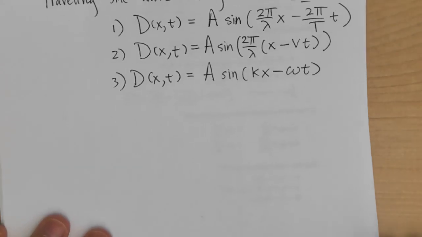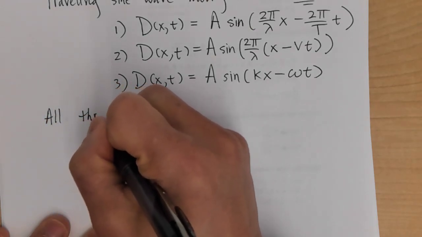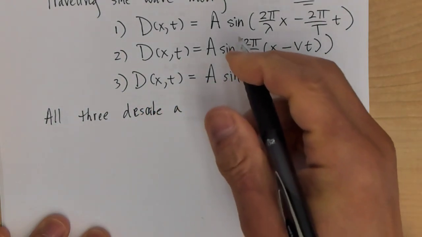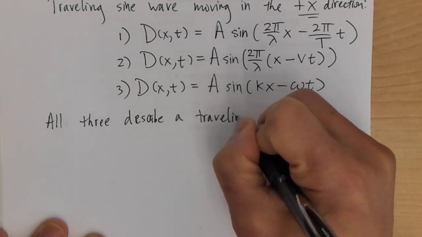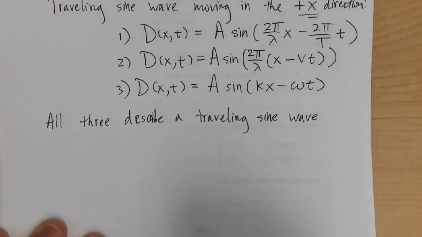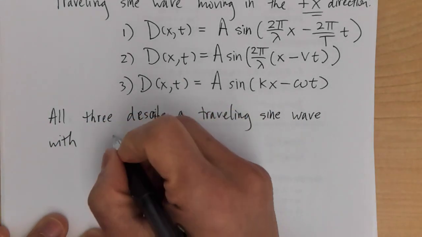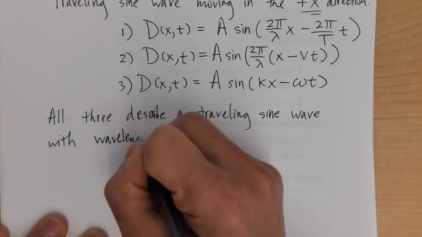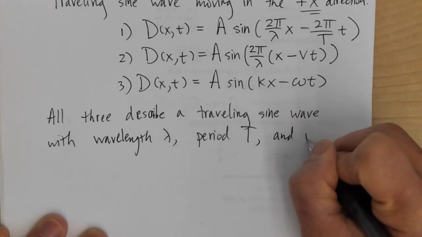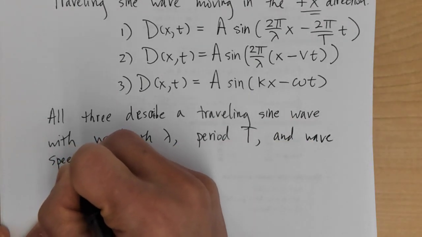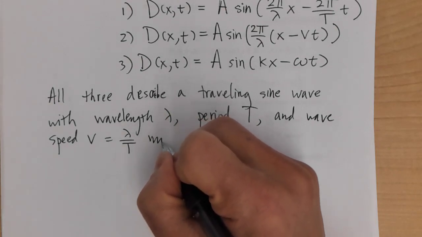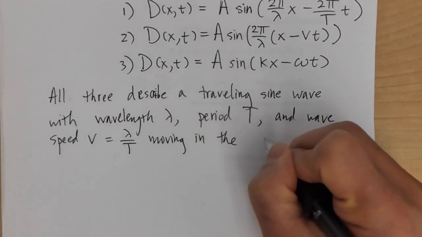All three of these describe a traveling sine wave with wavelength lambda, period T, and wave speed v, which is lambda over T, moving in the plus x direction.